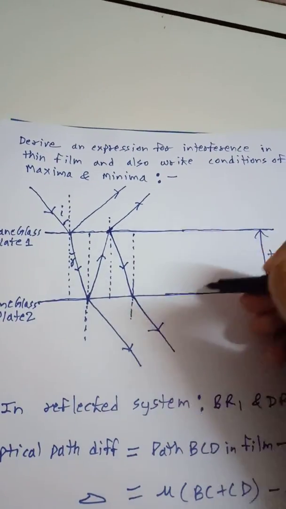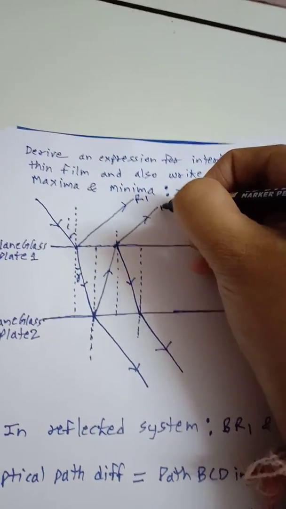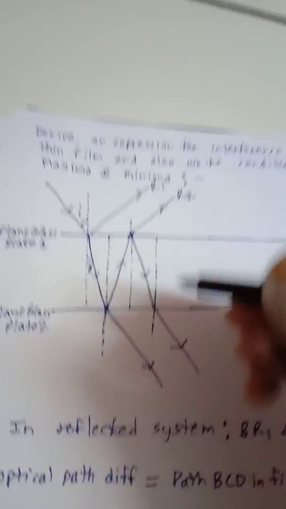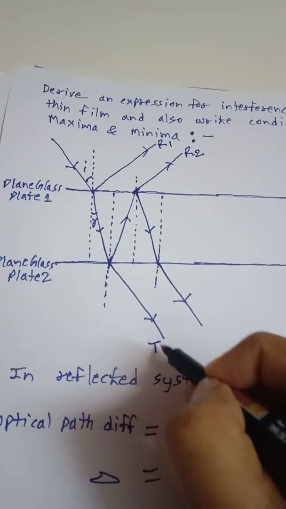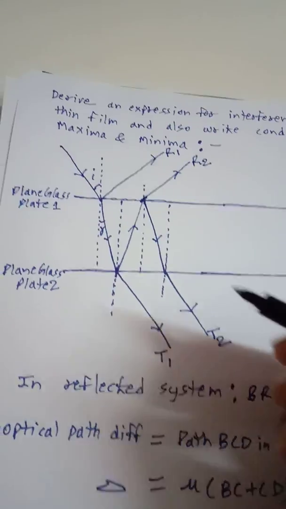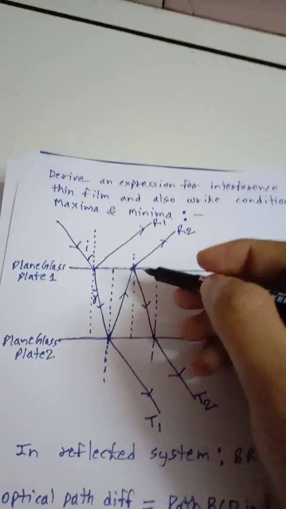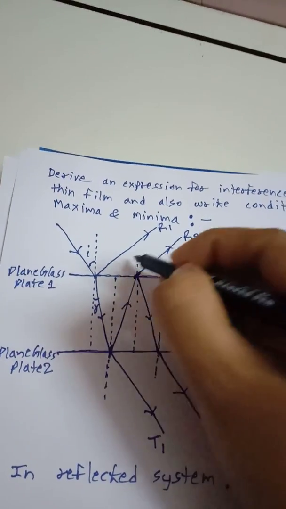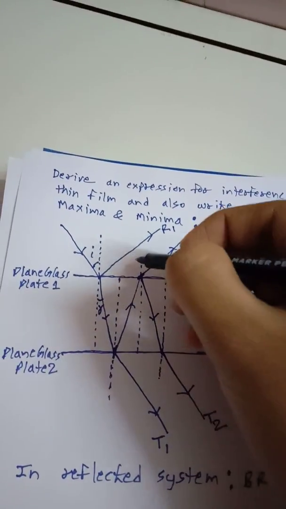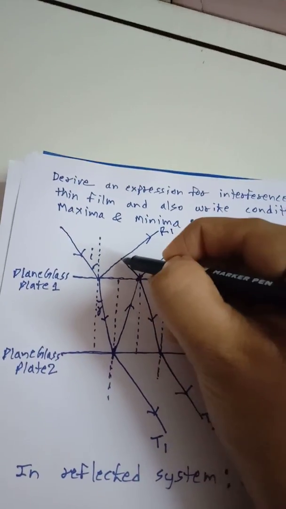I can go on continuing drawing. So this is reflected ray R1, reflected ray R2, and this is transmitted ray T1, and this is transmitted or refracted ray T2. This is the incident ray. I will draw the normals to this reflected ray R1. From this point the normals are drawn.